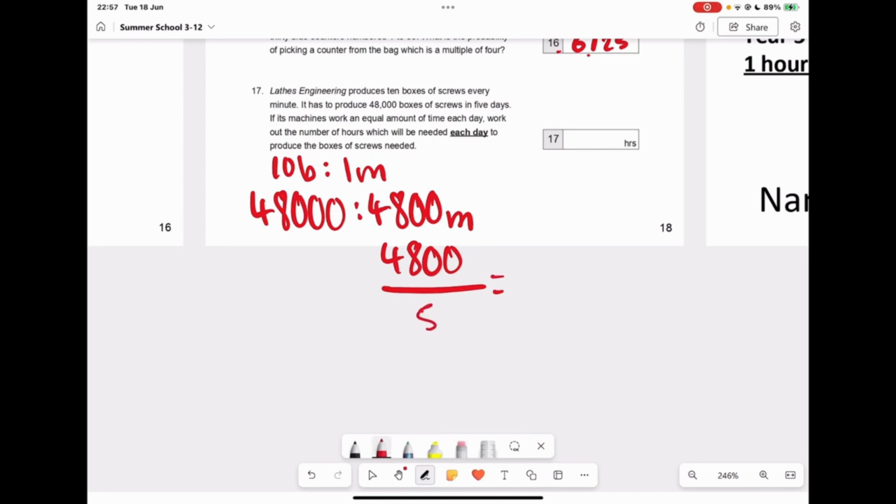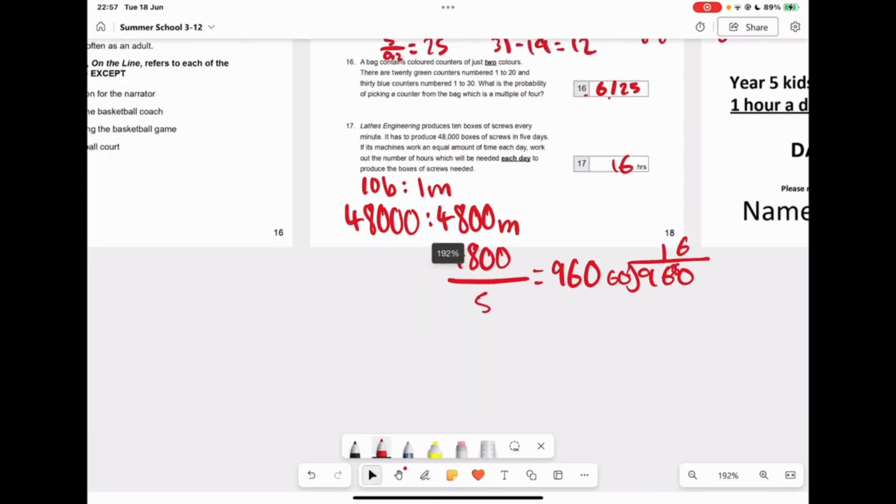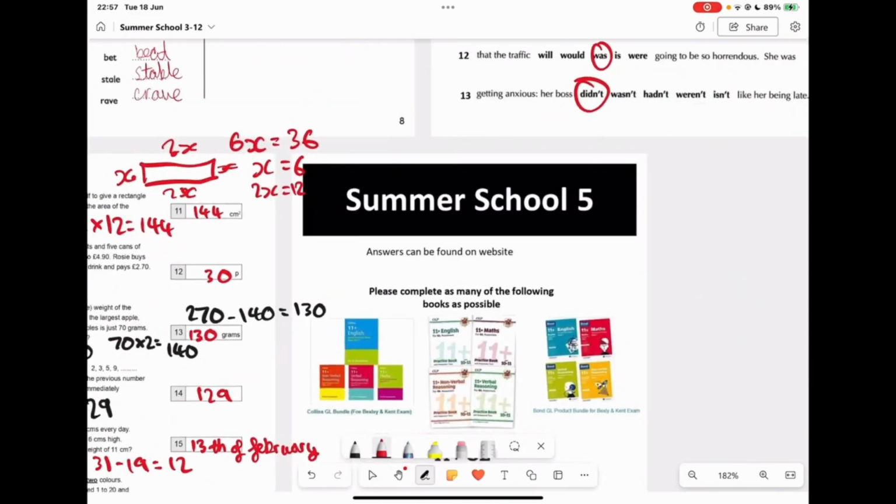So 4,800 divided by 5 is 960. And then we do 960 divided by 60 minutes. Because 960 minutes will need to be worked each day, and that equals 16 hours. And that is the answer to question 17.